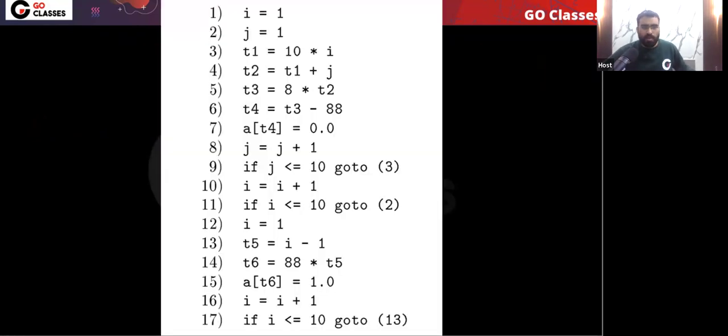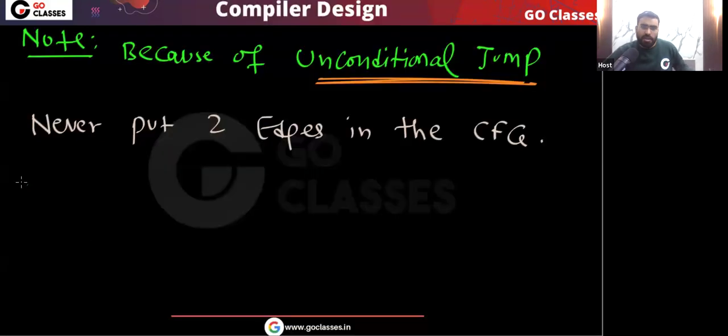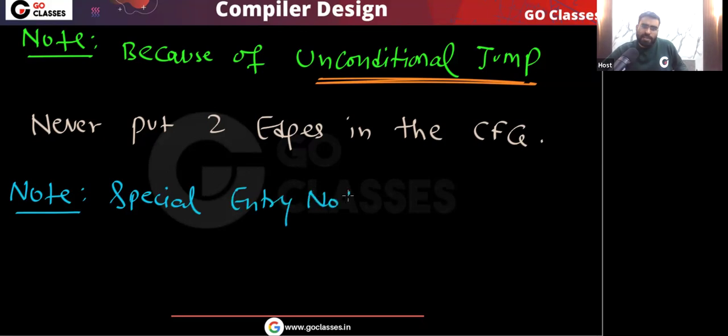So tell me here, how many edges will be there in this graph? And remember, there is one entry node and there is one exit node. Remember, there is a special entry node and exit node. And why we put these nodes, entry node, exit node, why? That I will tell you, don't worry. Okay, so there is a special entry node, exit node.